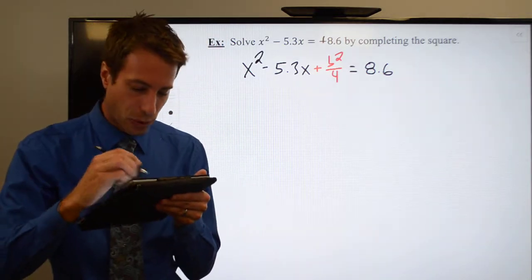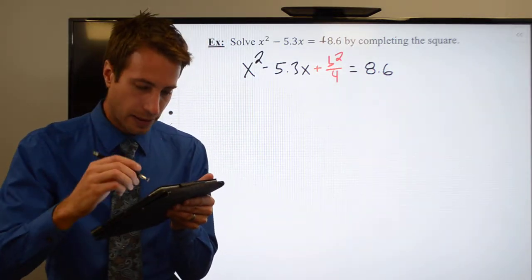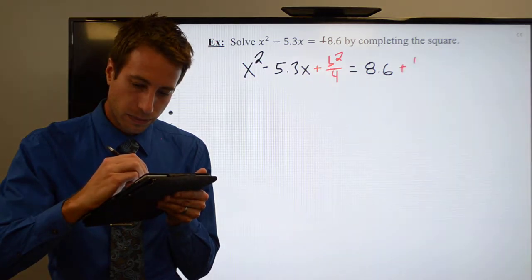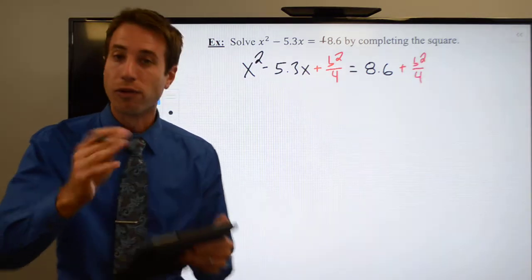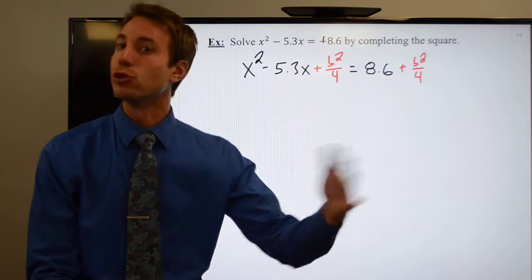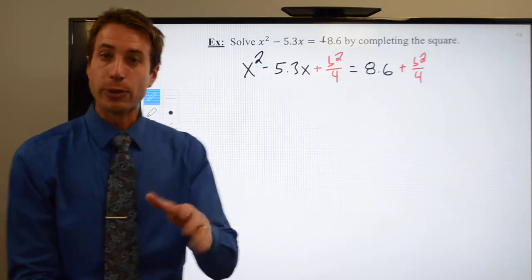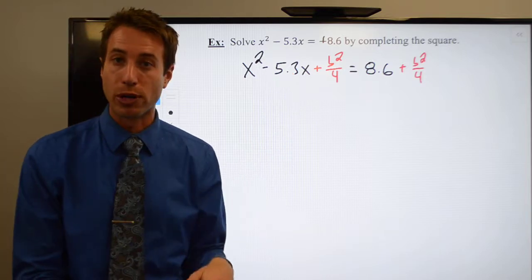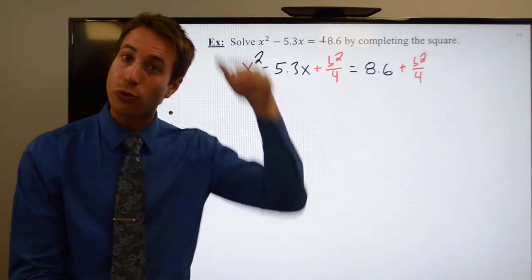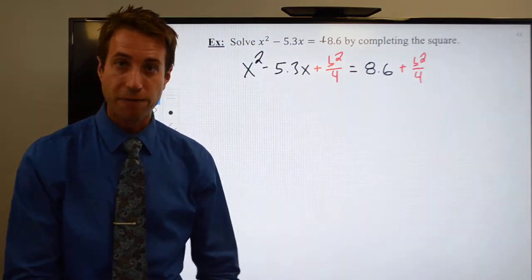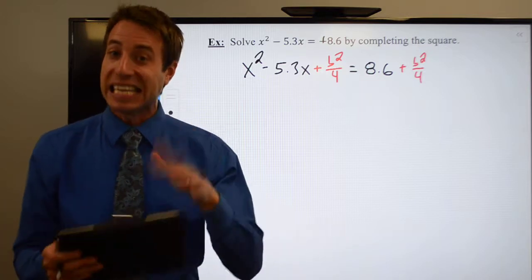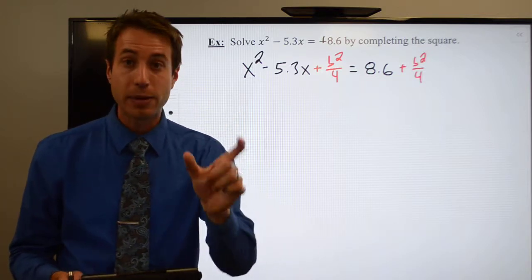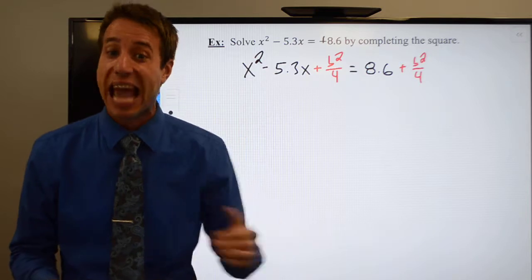So positive 8.6, and then you've got to add b squared over 4, right? Algebra says whatever you do to one side, you've got to do to both sides. All right, here we go. Again, don't fat finger something on your calculator, but your b is a negative 5.3. So you'll do a negative 5.3 squared and divide by 4. It is a rational number, so it's going to be a decimal that ends.